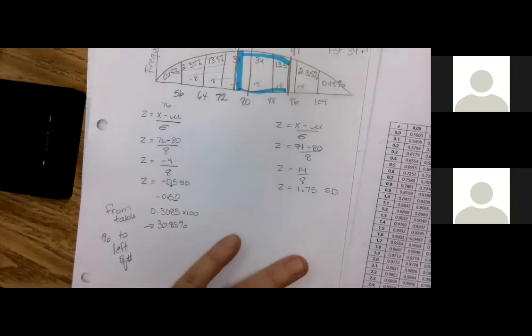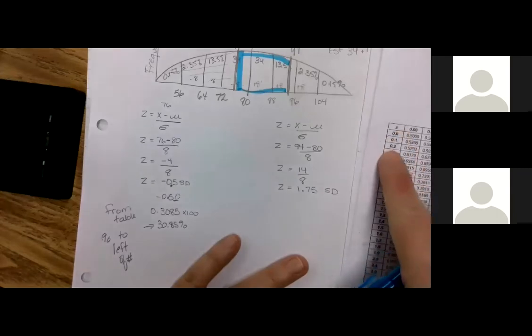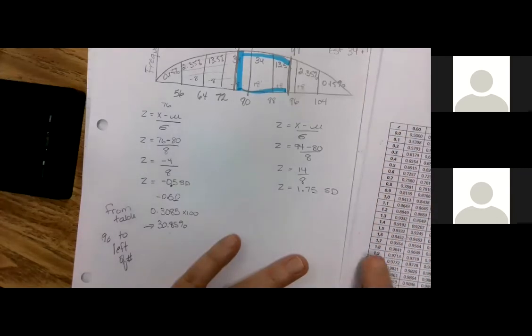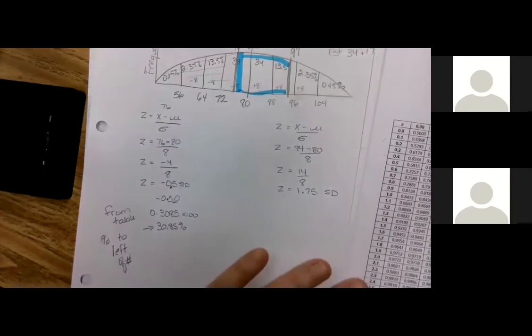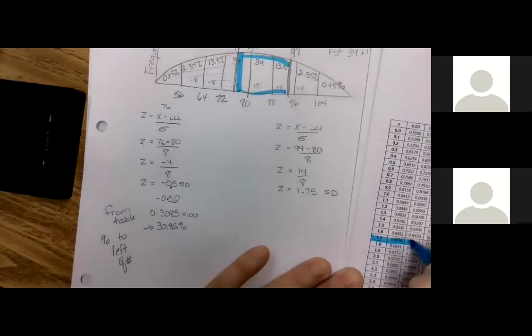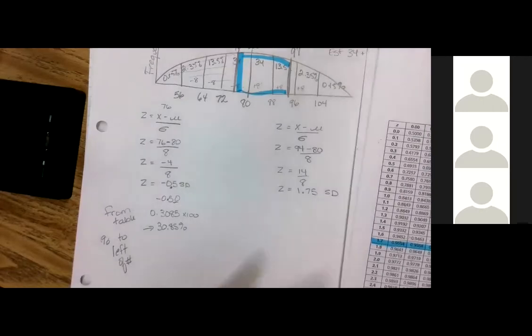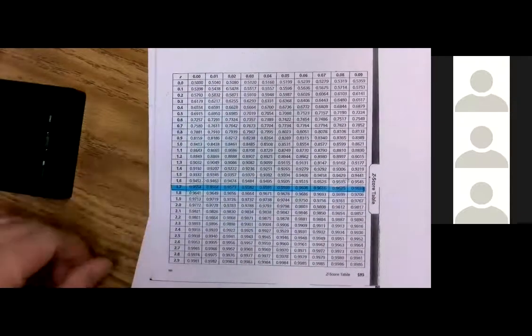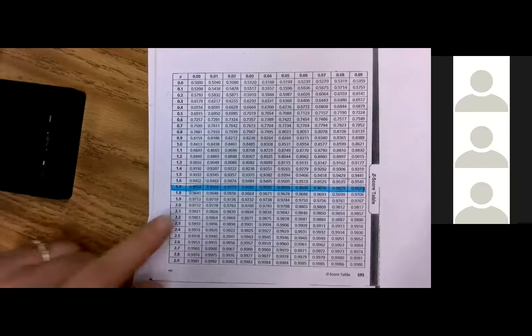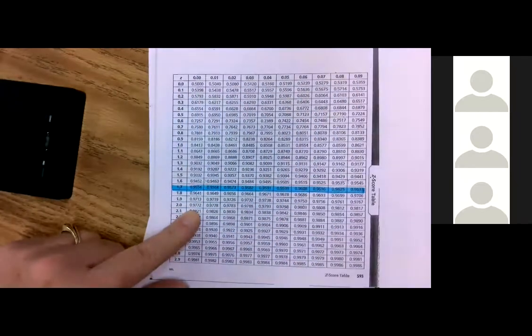All right, Renee, which one of these numbers do I need to highlight to do 1.75? 1.7. Okay, so we got 1.7. It's going to be that row. It'd be helpful if I had that on the screen for you. I'm sorry, everybody. There we go. And what column across the top do I need to color in?